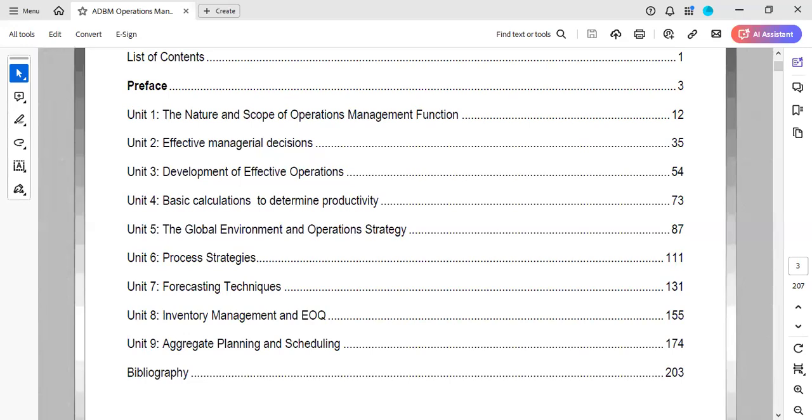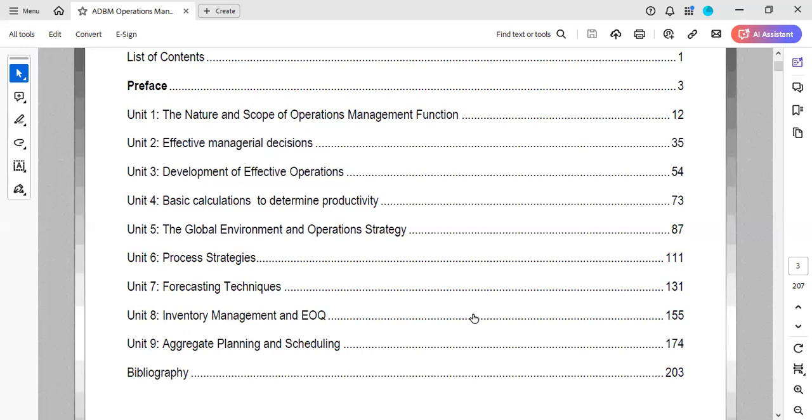So the topics that we are going to cover, as per our module, are these. The first one, the nature and scope of the operations management function, which introduces us to the operations management in supply chain. The second one being effective managerial decisions. The third one, development of effective operations.